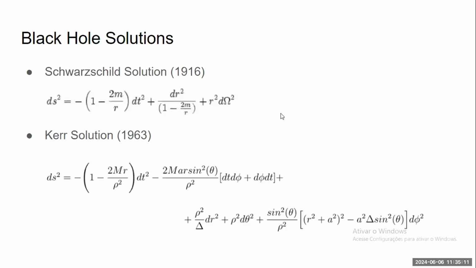It's a more complex metric, and we probably all know here that due to the cross terms in the metric, we can have all sorts of new effects, like a very important one, which is frame dragging. The cross terms induce this frame dragging effect, right?